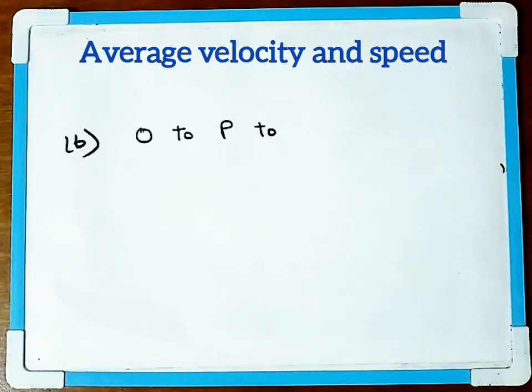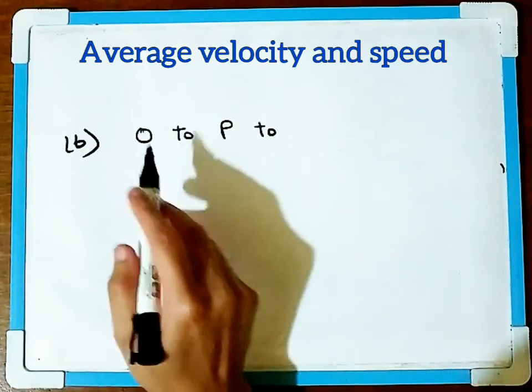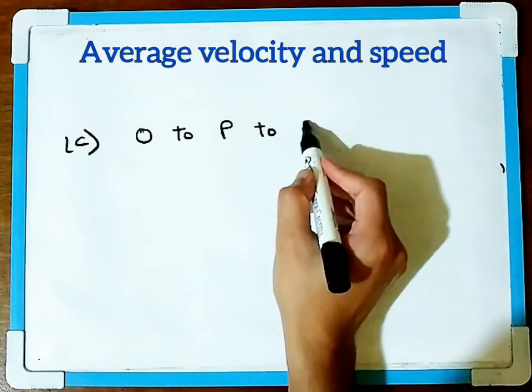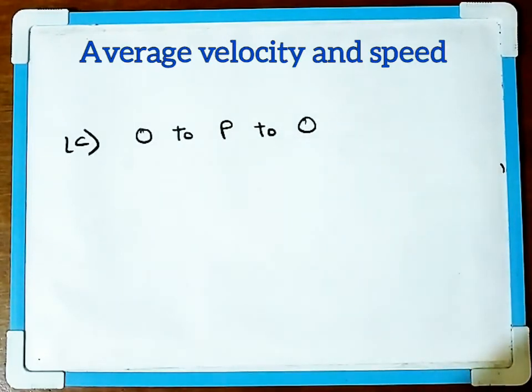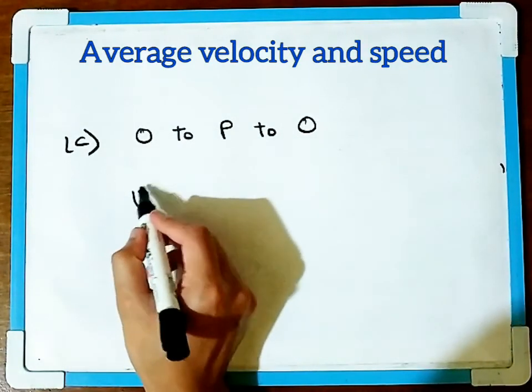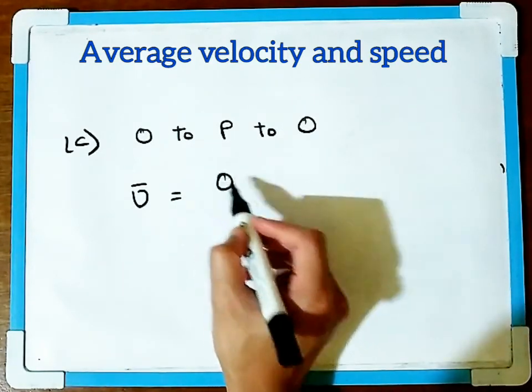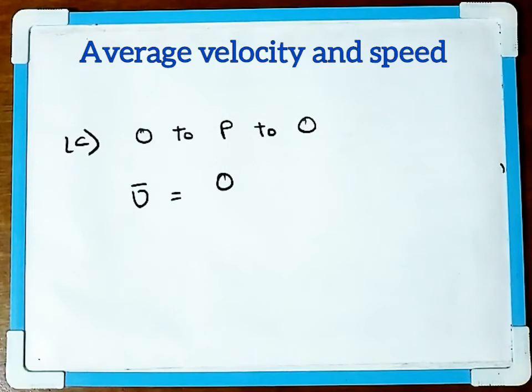Now suppose you have another case, where your car travels from O to P and then from P to O. This means that the displacement is 0. So the average velocity will be, since x2 is equal to x1, equal to 0.